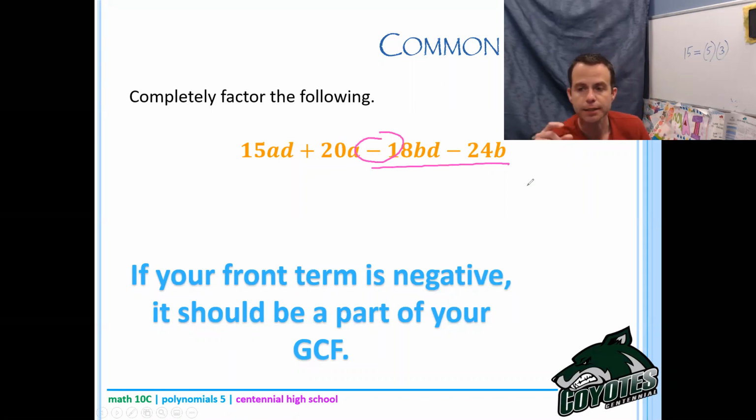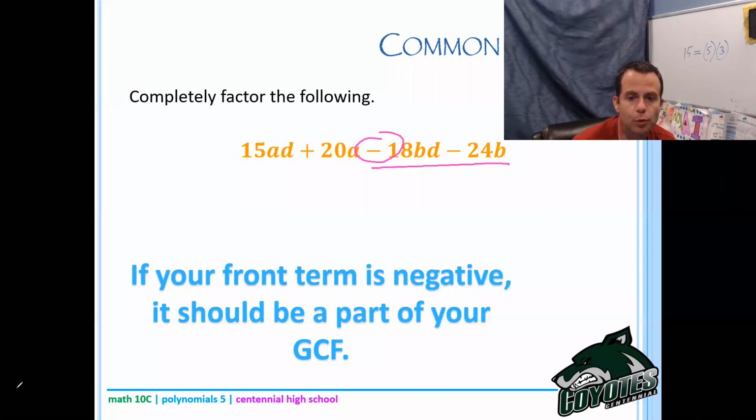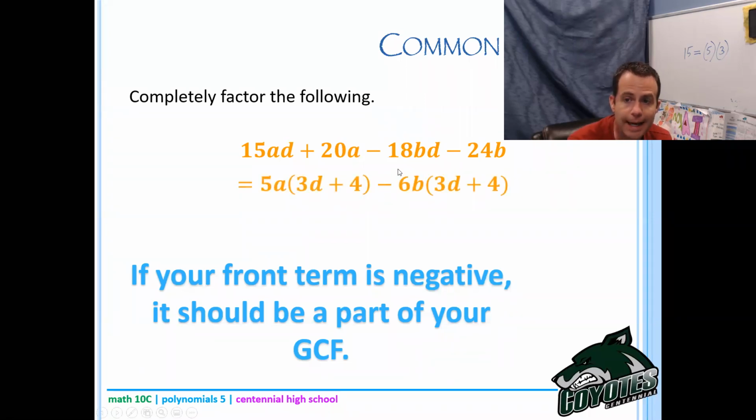If your front number, and in this case, the negative 18 is the front of the back 2, right? If your front number is negative, you always pull the negative out, okay? It makes your life way easier. So I pulled out a negative 6b, not just a b, because my front term there was negative. Okay, so I pulled out the 5a and I was left with 3d plus 4.